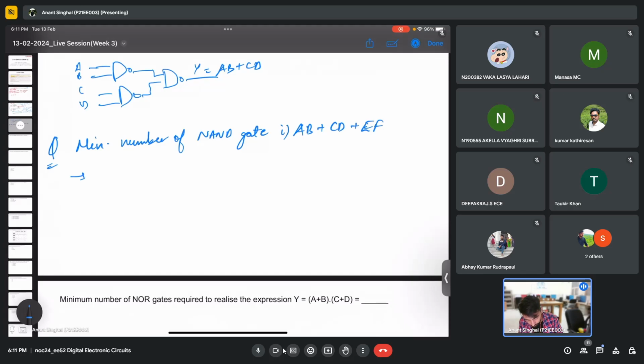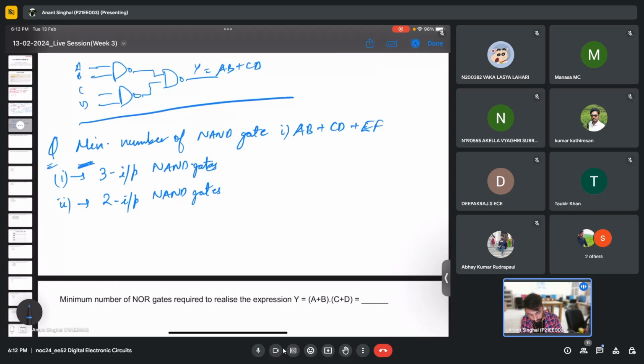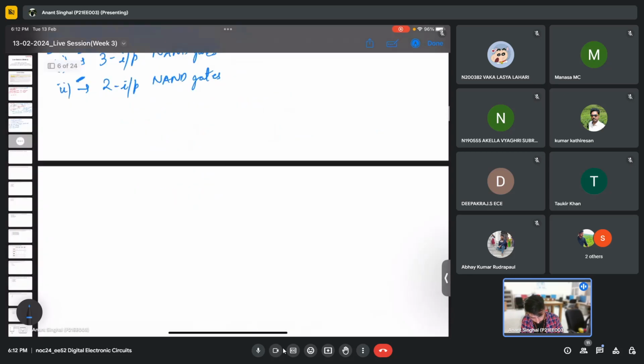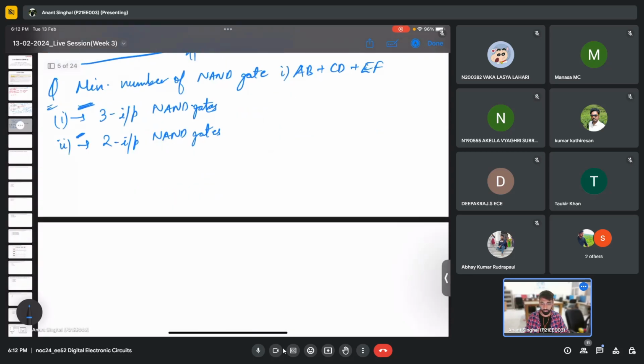The first part was you can use 3 input NAND gates. The second was you can only use 2 input NAND gates. So you can give it a try. The first part is very easy if you implement the same logic as I explained in this part, and then we shall go to the second part. So try it. Maybe you can take 2 minutes and let me know what you are getting.